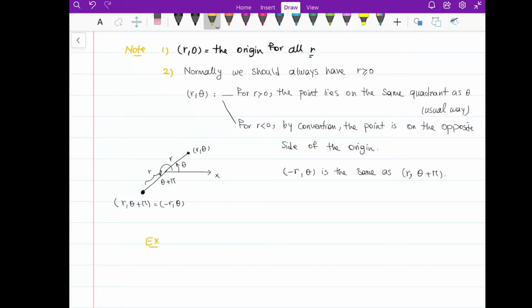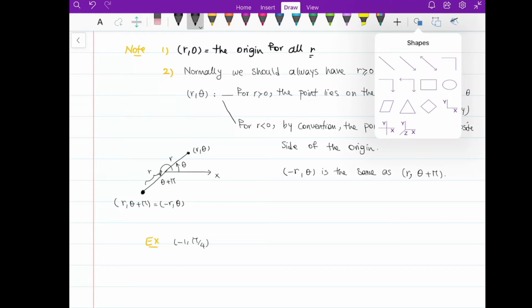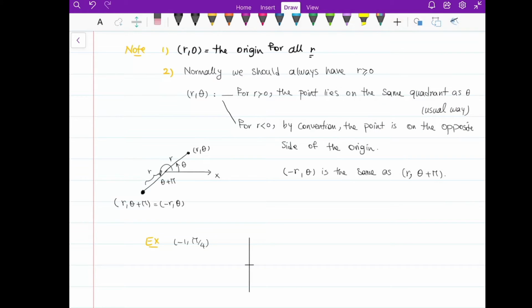If we're gonna show the point negative 1 and pi over 4, where is this? Okay, this is the x-axis, this is the y-axis. I'm gonna say that the point negative 1 and pi over 4 would be the point 1 and pi over 4 plus pi.